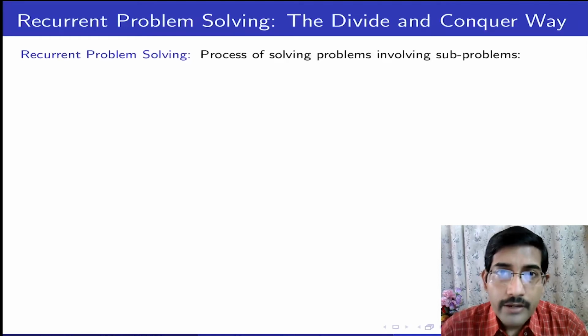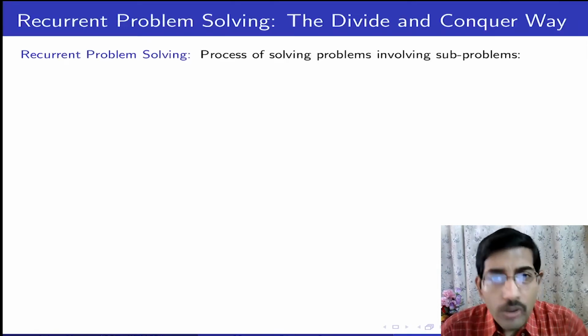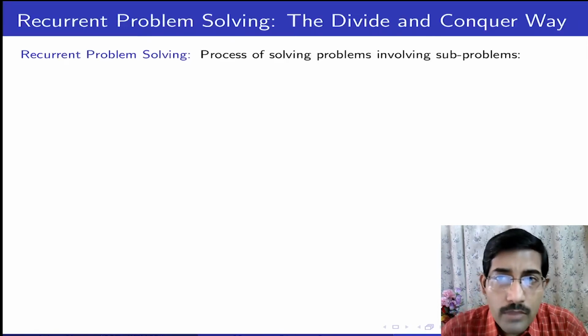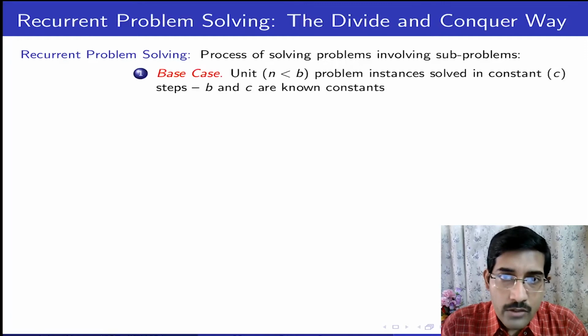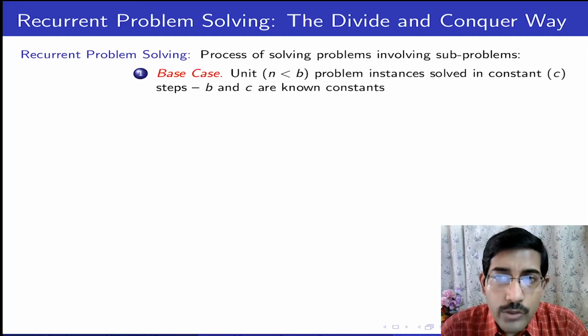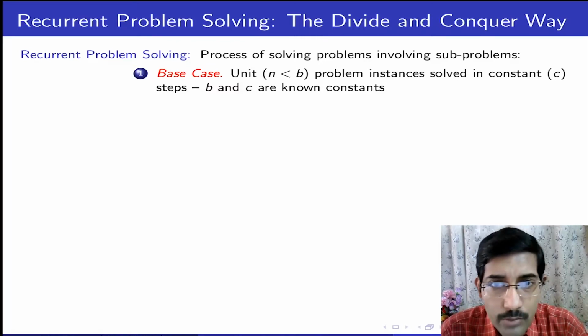So to begin with, recurrent problem solving the divide and conquer way suggests that we will solve sub-problems of the problem first and then combine those to get the final answer. When we go into sub-instances of the problem, there will be some base instances, which we call base cases.